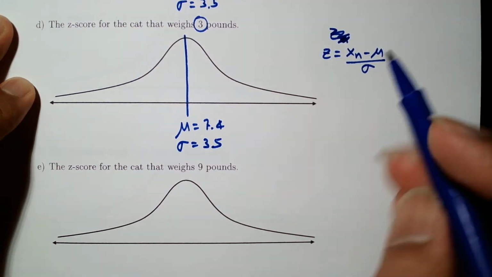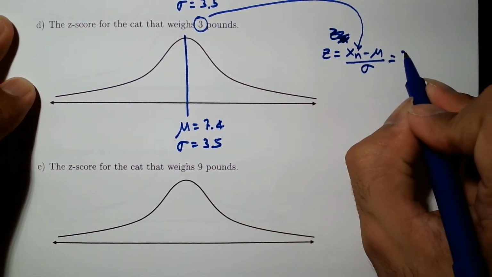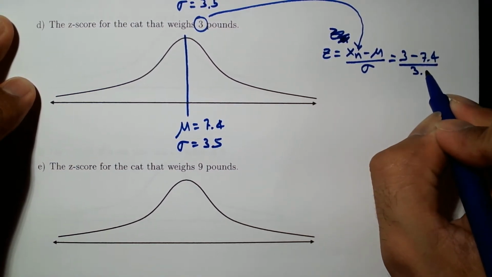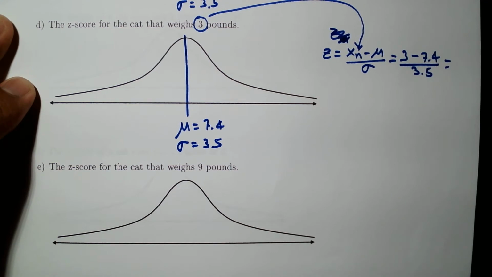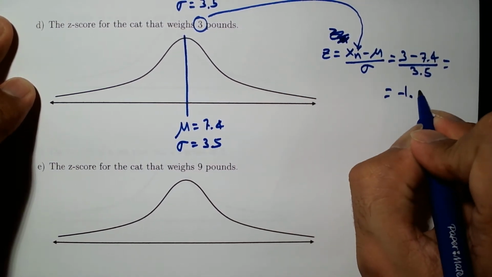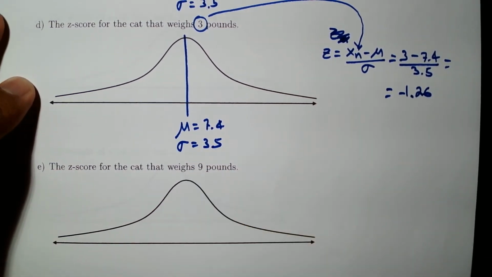Again, we are going to plug in this 3 over here. So 3 minus 7.4 divided by 3.5. And in this case, if we use a graphing calculator to simplify this, we get negative 1.26. So in this case, it's a lighter cat.